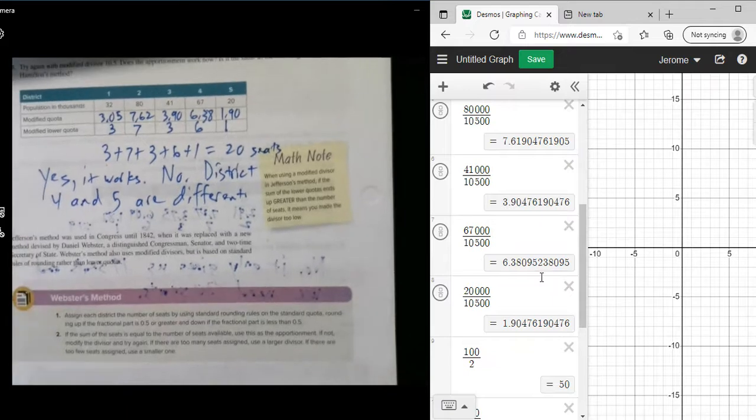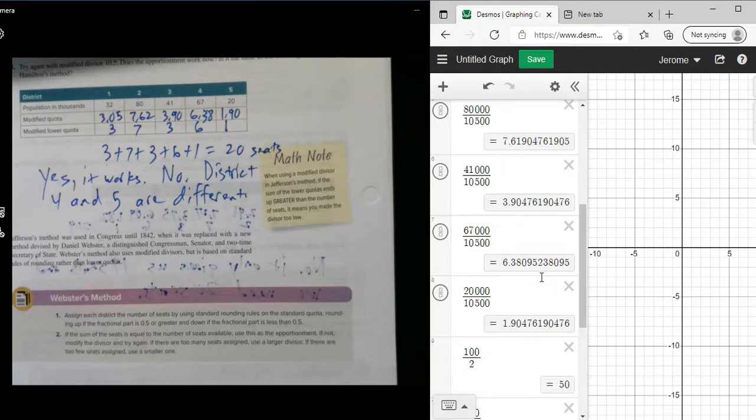Number 1, assign each district the number of seats by using standard rounding rules on the standard quota, rounding up if the fractional part is 0.5 or greater, and down if the fractional part is less than 0.5. If the sum of the seats is equal to the number of seats available, use this as the apportionment. If not, modify the divisor and try again. If there are too many seats assigned, use a larger divisor. So basically, what Webster's method does, first thing you do is regular rounding.